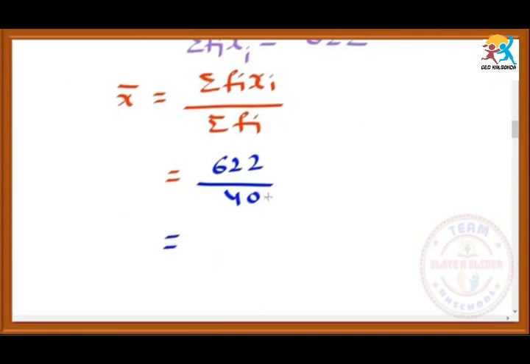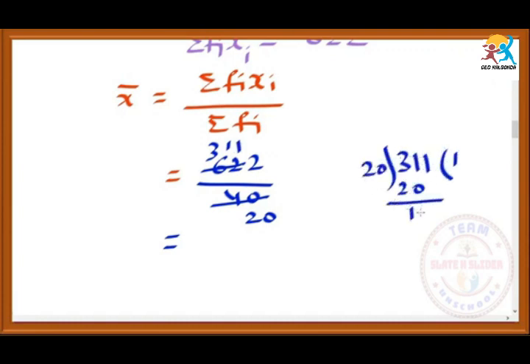So what will you get? 2 20s are 40, 2 3s are 6, 2 1s are 2, 311 by 20. So divide 311 by 20. 20 1s are 20. 11. 5 20s are 100. 7. Just keep the decimal 0. 5 20s are 100. We get 10. So we can keep 0 because we kept two decimals once.